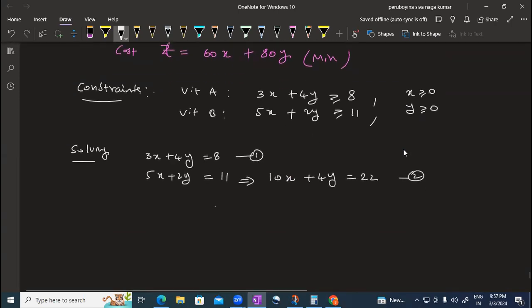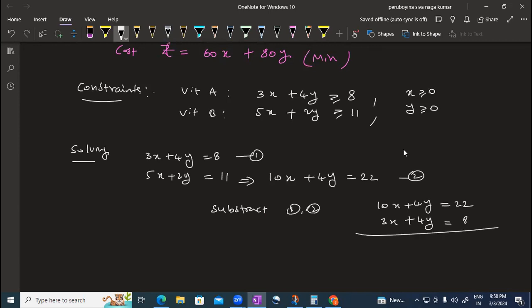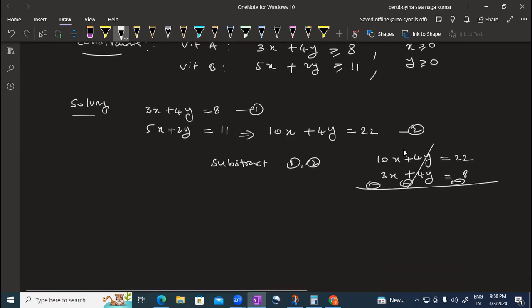Subtract them. Write down 10x plus 4y equal to 22, minus 3x plus 4y equal to 8. Subtraction means the sign will be changed. 4y cancels; that's why I'm multiplying by 2 to make 4. I doubled every value.